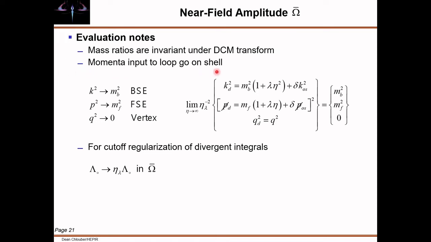We can see this because in the divergent integrals we encounter expressions of this form, which evaluate to the mass shell values. Also for cutoff regularization of the divergent integrals, the cutoff scales in the same manner as the masses.